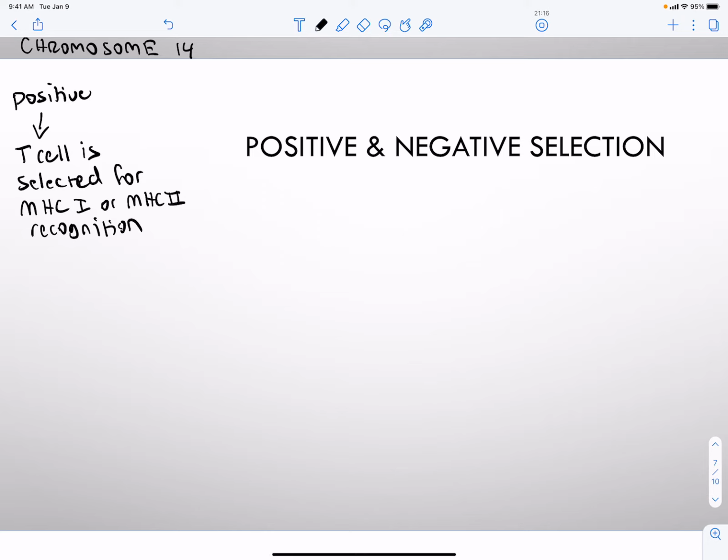This occurs in the cortex with the cortical epithelial cells.